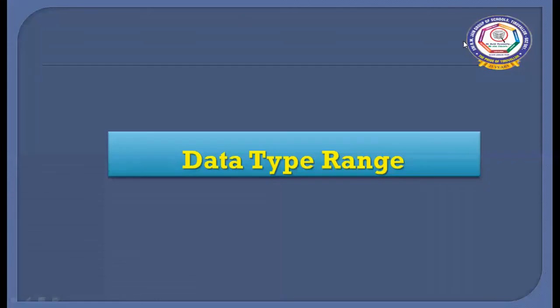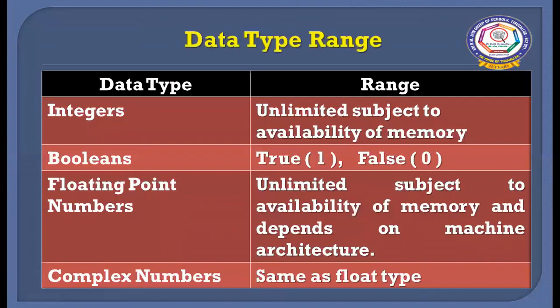Now we'll discuss what the data type ranges are. We have seen three different types under your numbers, that is integers, floating point numbers, and complex. What is the range that you can provide in Python? In integers, unlimited value can be given, but based on the availability of the memory. Under your booleans, you have true and false values.